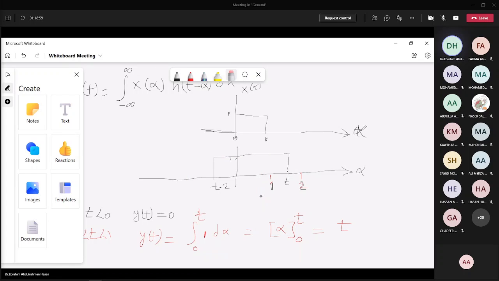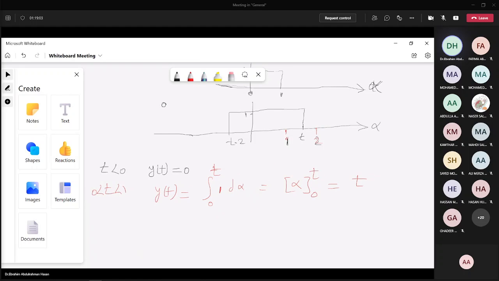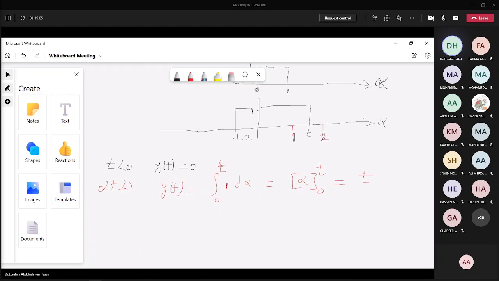Okay, apply the same thing. So when t is in between, t greater than 1 but less than 2, y of t equals, again, integration.